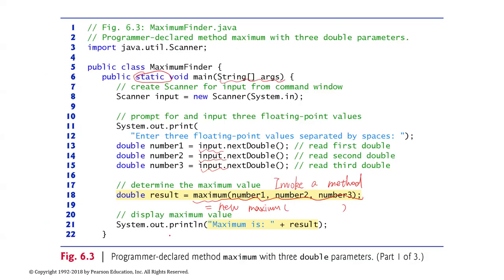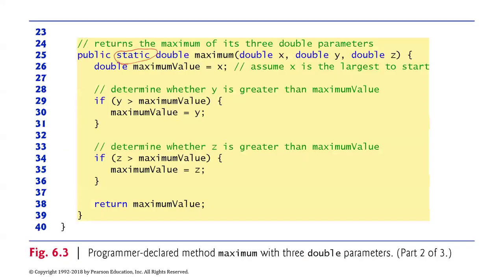We didn't do that. That is because this is a static method. We don't use the new keyword to create an instance. We just call the method name directly, only because here we have a static keyword there.